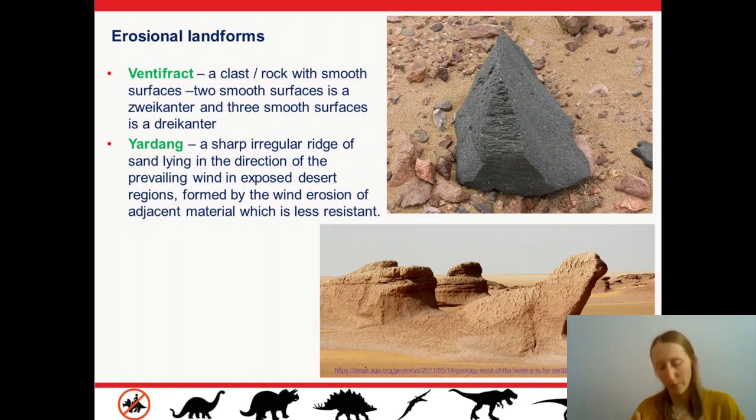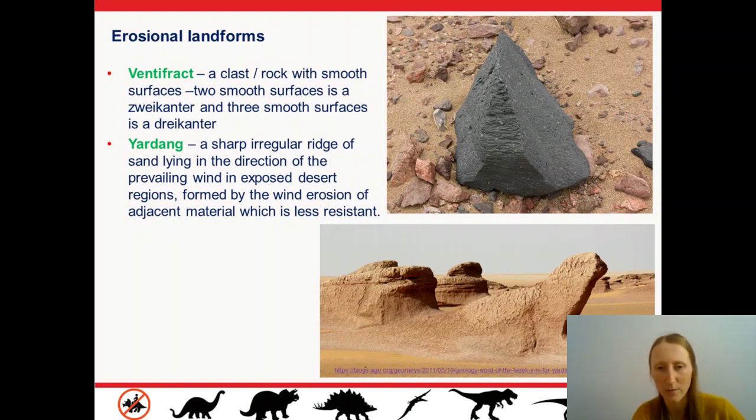If these are left long enough in one place, it will actually tell you the dominant wind direction, because the triangle forms towards where the wind is coming from. So if we look at this top image here, the wind is coming from behind the screen to out of the screen. That makes sense.